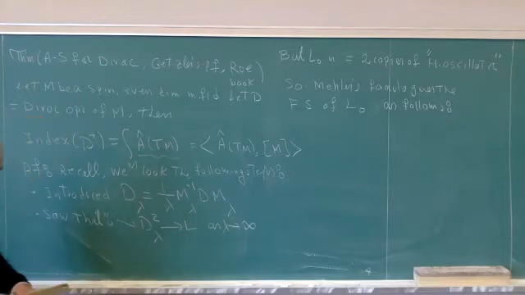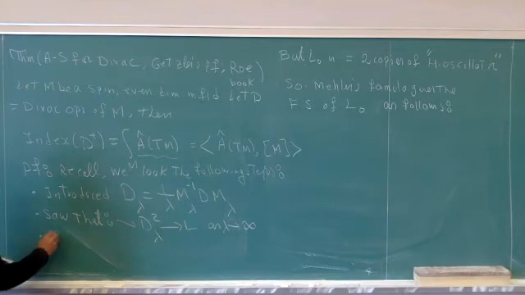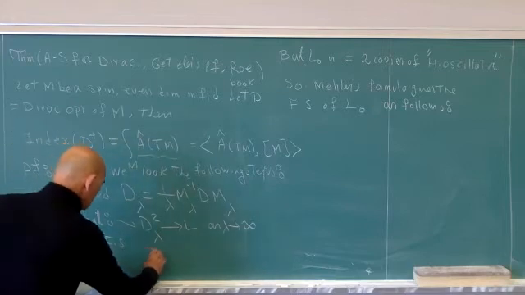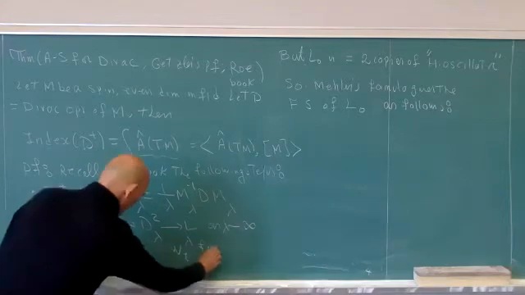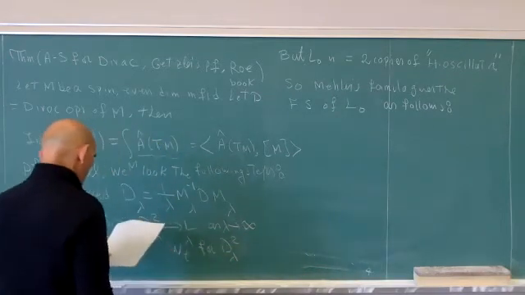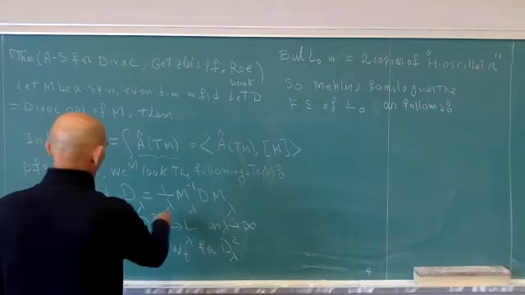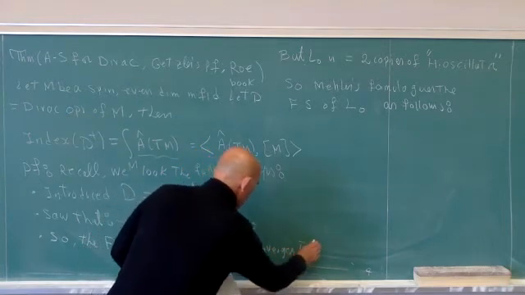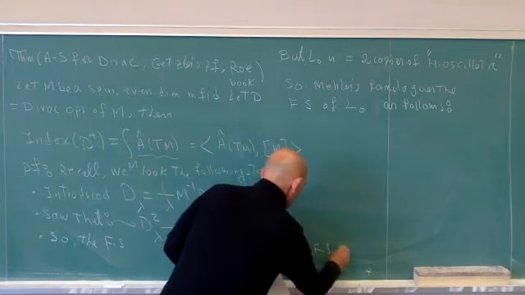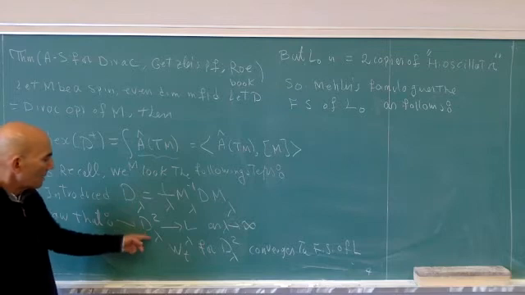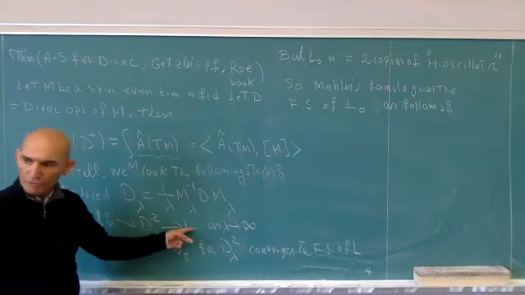So the fundamental solution W_t lambda for D lambda squared converges to the fundamental solution for L. Since D lambda squared converges to L, fundamental solutions also converge to the fundamental solution.